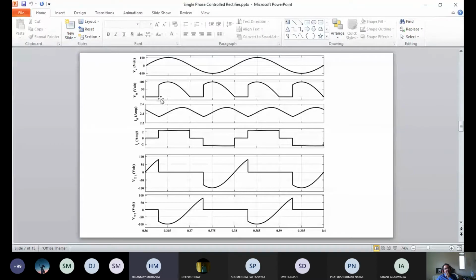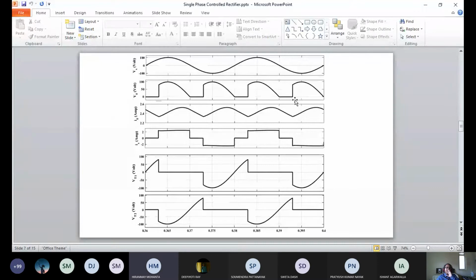Here alpha is applied to T1. At pi plus alpha, the gate pulse is applied to T2. Then again at 2 pi plus alpha, then at 3 pi plus alpha again T2. So T1 alternates with T2: T1, T2, T1, T2.